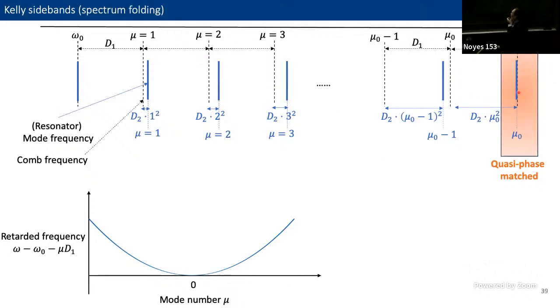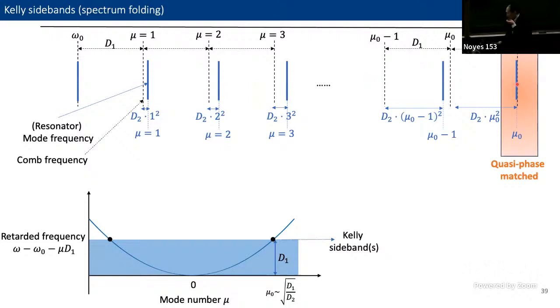However, in our case we have a walk-off that is comparable with the free spectral range. So when the integrated dispersion is the same as the free spectral range, you will possibly be able to generate another kind of special dispersive wave, which is called a Kelly sideband.